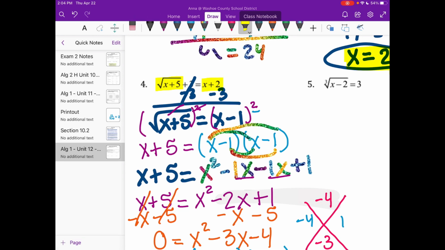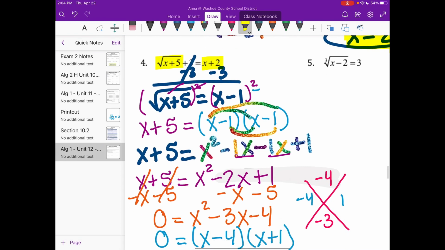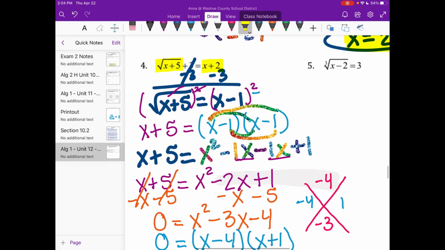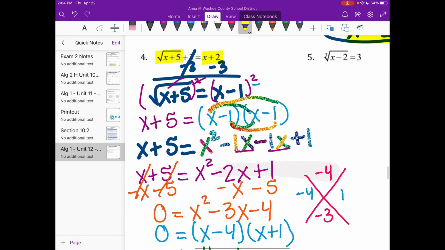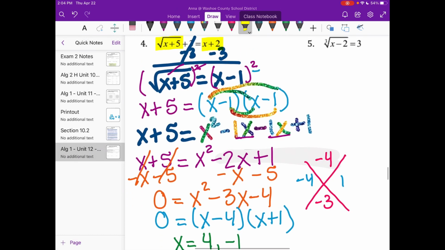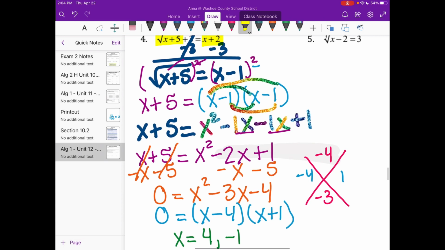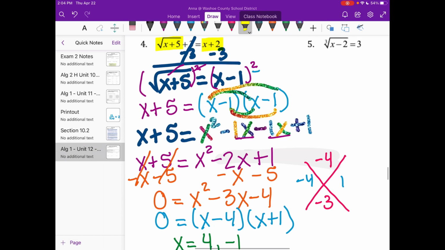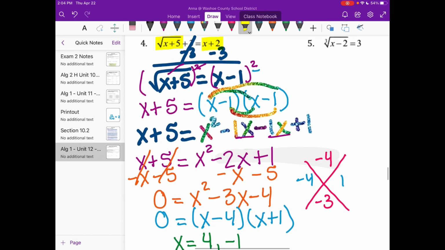It's all important, but we should probably go back and check our answers to make sure we're not getting extraneous solutions. Just for time's sake, I'm not going to do it. I trust that you guys will do it on your own. Actually, no, I'll just do it.